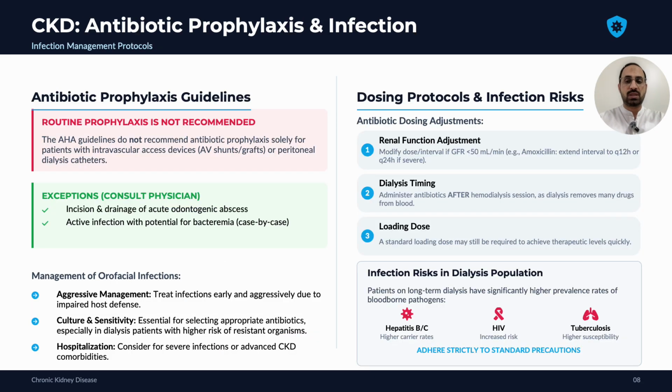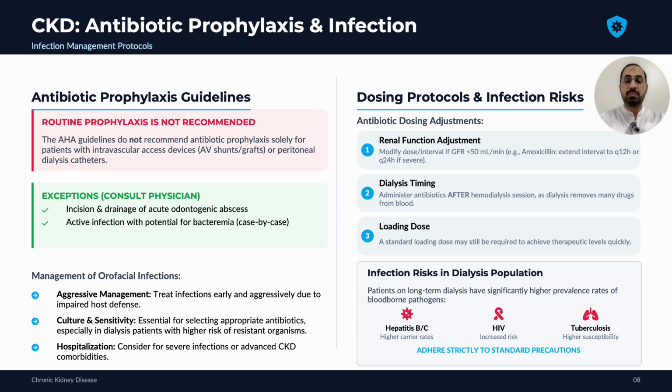A common misconception is that AV shunts require antibiotic prophylaxis. According to the AHA guidelines, routine prophylaxis is not recommended solely for intravascular access. Meaning that just having an AV shunt does not require antibiotics, except for active infection.